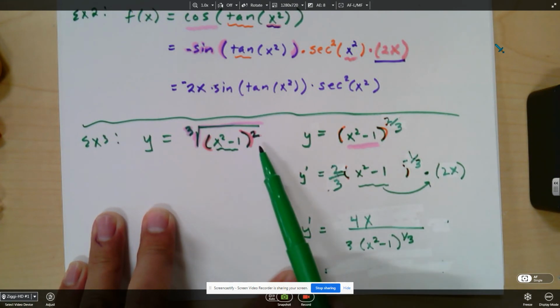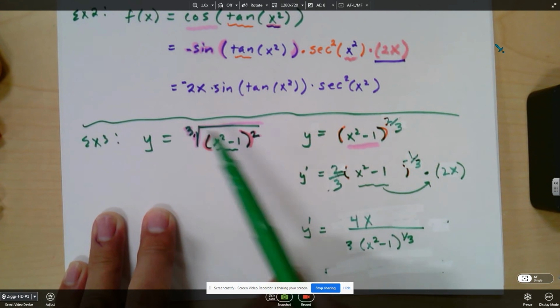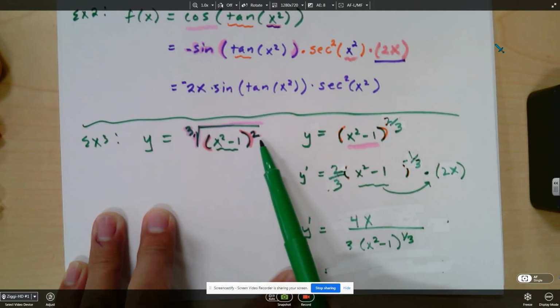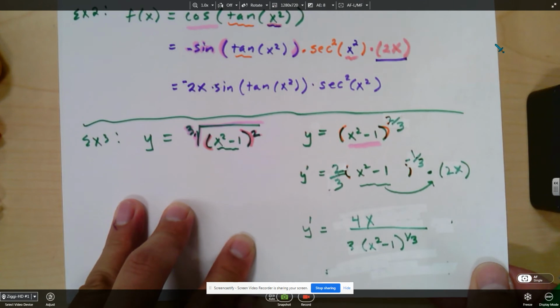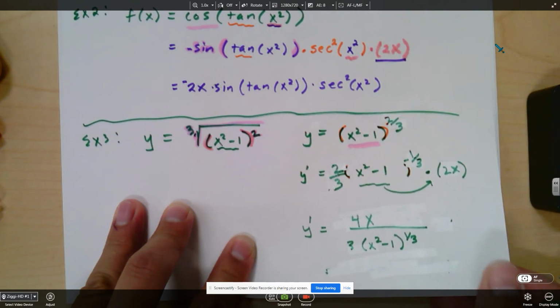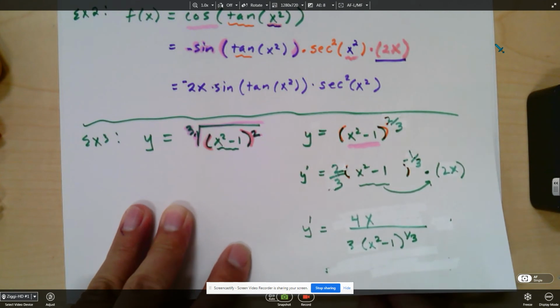Yes, by the rules of radicals, that's supposed to go underneath that 2, like that. Okay, so good fix. Let's try some combinations of these, chain with a product. And if you're ready, I'll give you a big problem to do.